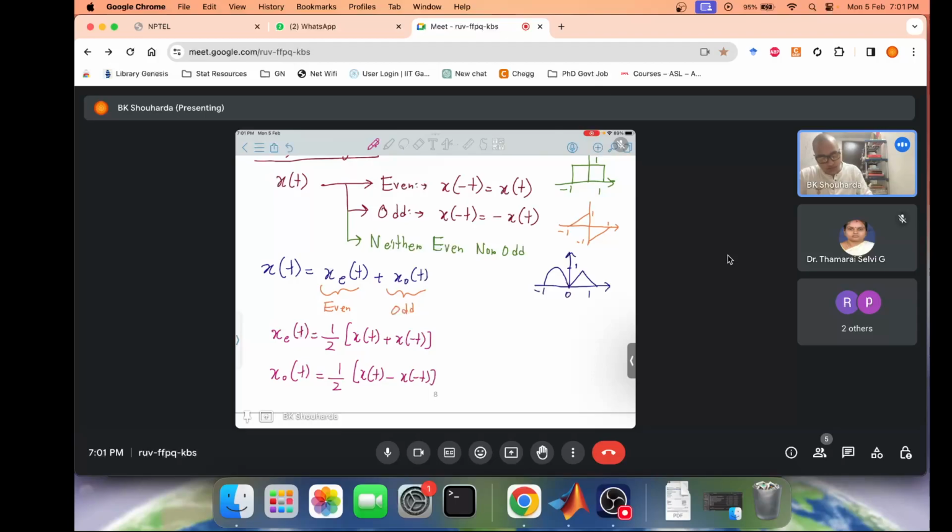Now you can very easily show that these are actually even and odd signals. If you try to find xe of minus t, it will come out to be xe of t, and if you find xo of minus t, it will turn out to be minus xo of t.